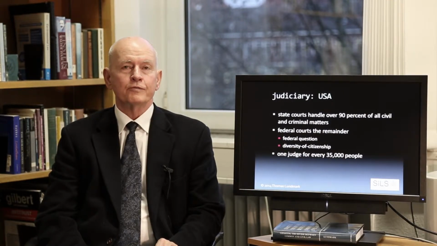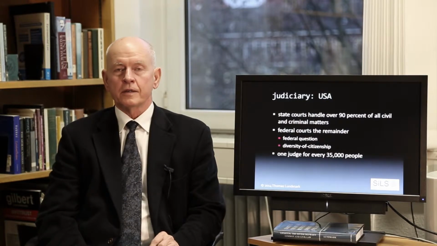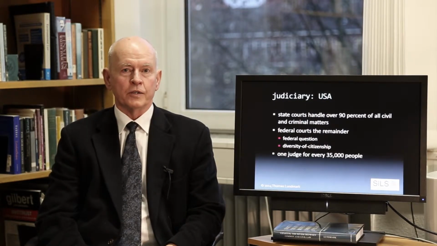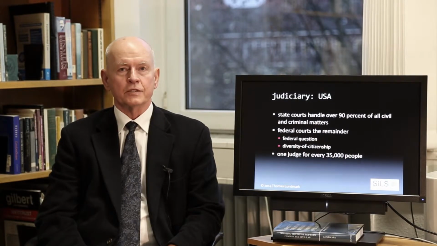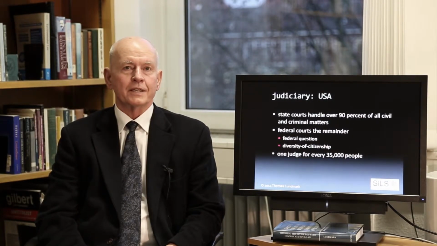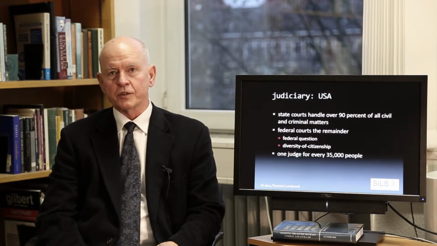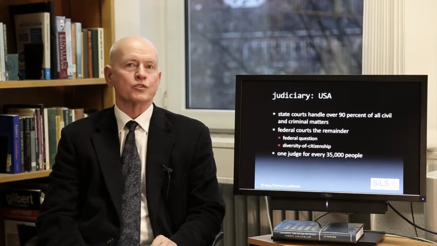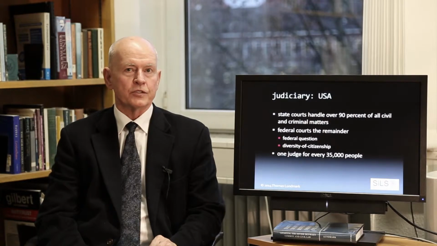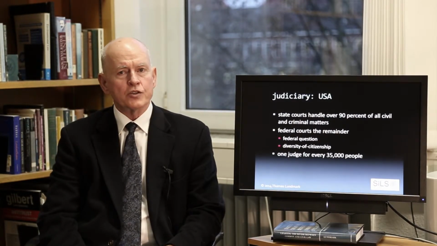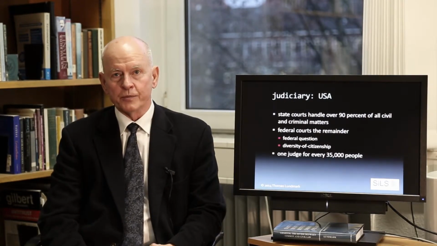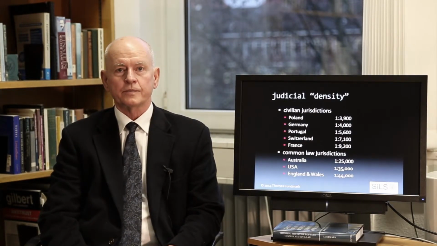First, all federal law, questions of federal law, federal constitutional law, etc. The other head of jurisdiction is diversity of citizenship. That is in cases where all of the plaintiffs and all of the defendants are citizens or residents of different states or of different countries. There is one judge for every 35,000 people in the United States.